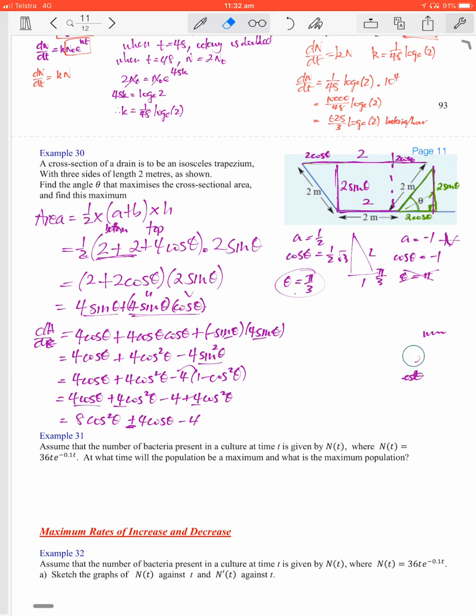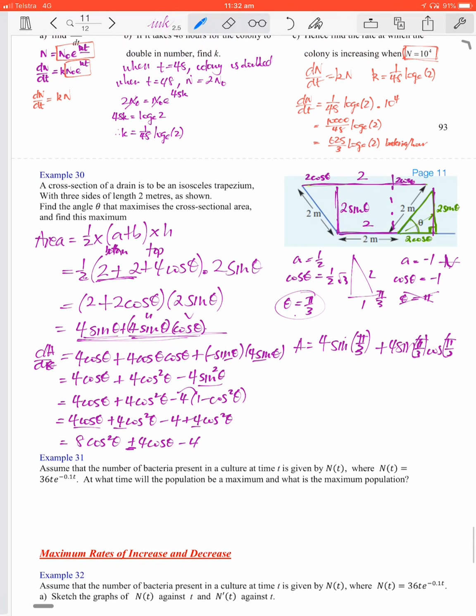So I've got to find some room. Okay, so we know our formula for the area is this. So our area is equal to 4 sin π on 3 plus 4 sin π on 3 cos π on 3. Okay, sine of π on 3 is root 3 on 2, so I get 4 times root 3 on 2, plus 4 sine of π on 3 is root 3 on 2, and then times 1 half.